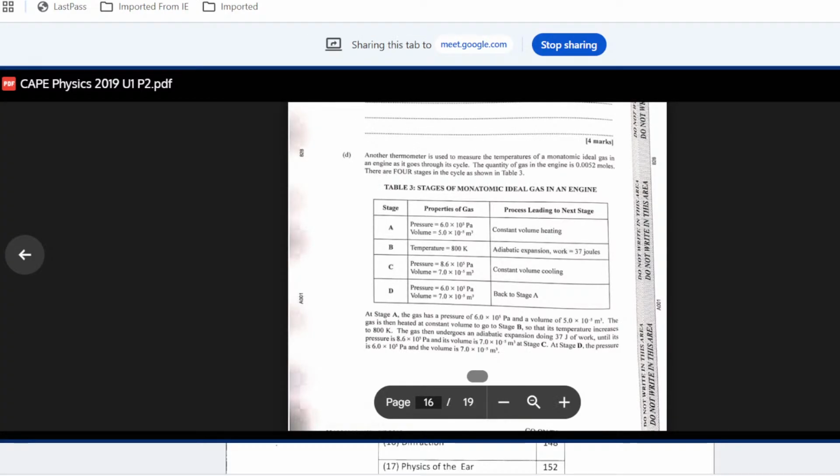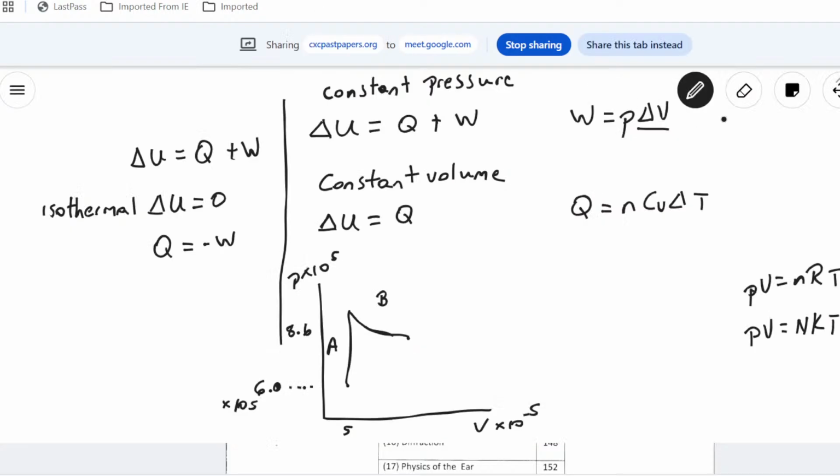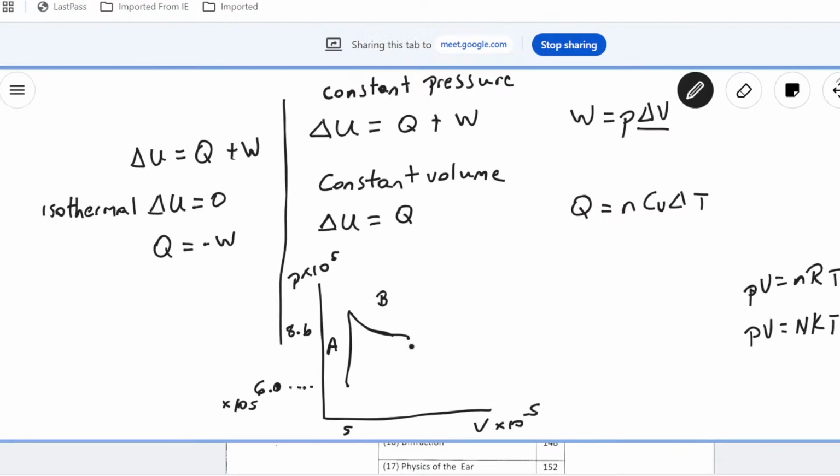So 8.6 would be where the adiabatic expansion stopped.